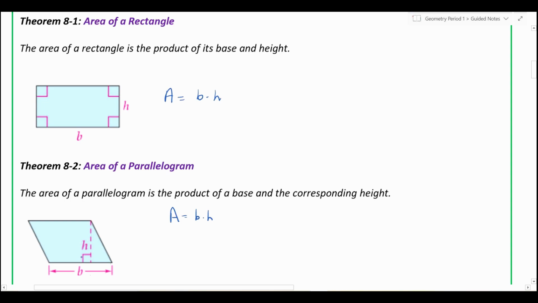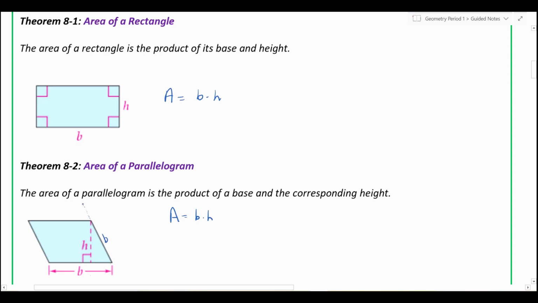Now say for instance I could use another base. For instance, I'm going to call this the base. That means I cannot use this height anymore. I need to find another height so I can actually go ahead and use this formula. To do this, I would then have to extend my base a little bit here, like so.